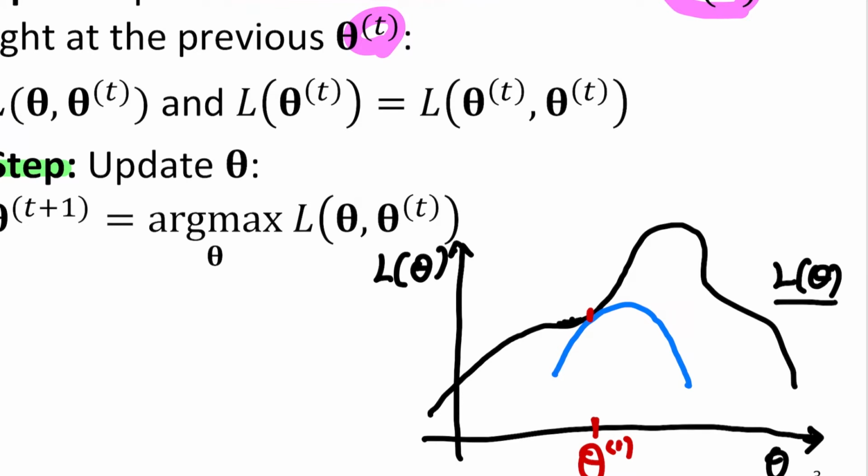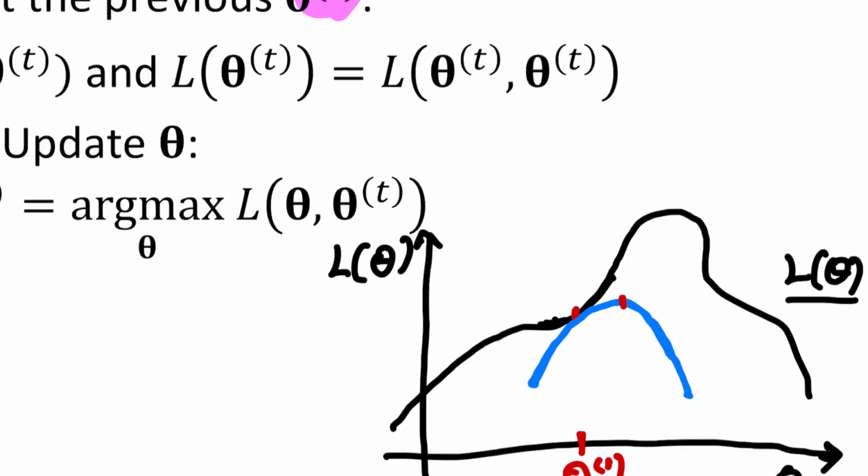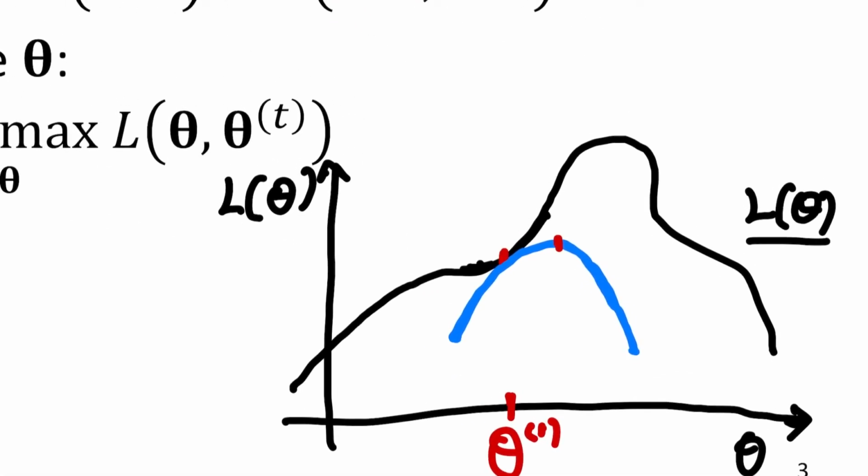Then instead of solving this loss function, we can solve this sub-optimization problem here. So this is the new theta, right? Let's say this is theta 2, right? So from this theta 2, we can make another sub-problem, something like that, and then we can solve this quadratic optimization here.